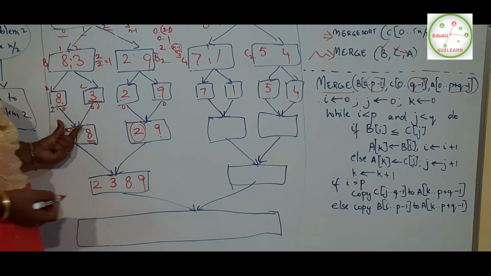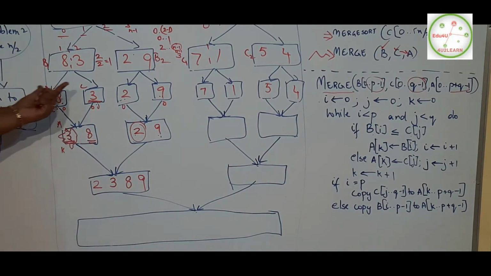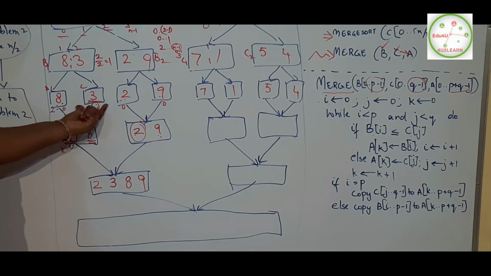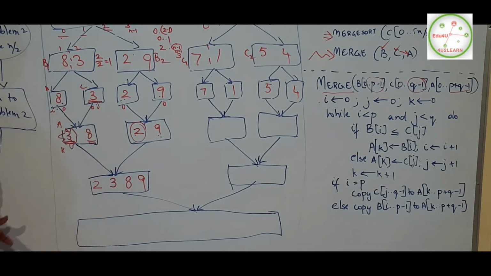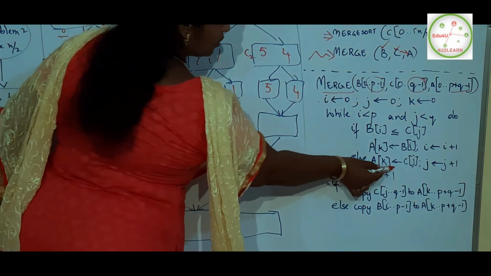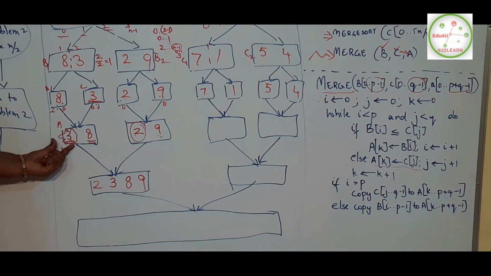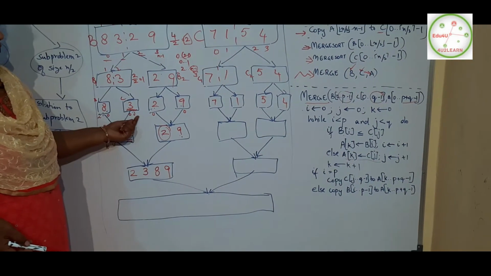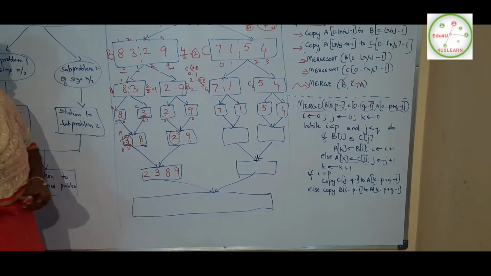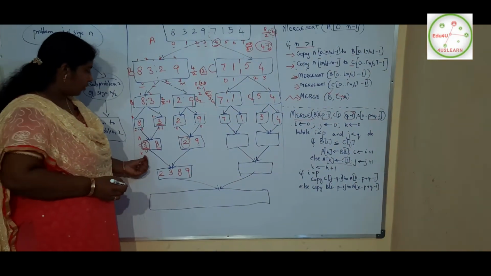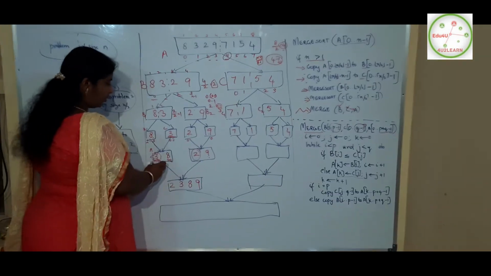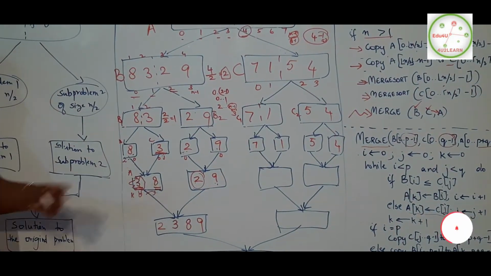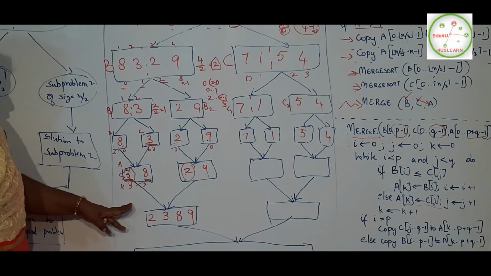But since in this condition it fails, it goes to the next box and says that this is the smallest element, and it adds the value into the array A. Then this value j is incremented by 1, and the value of k, which is here at 0, gets incremented to the next position so that the next element can be added.